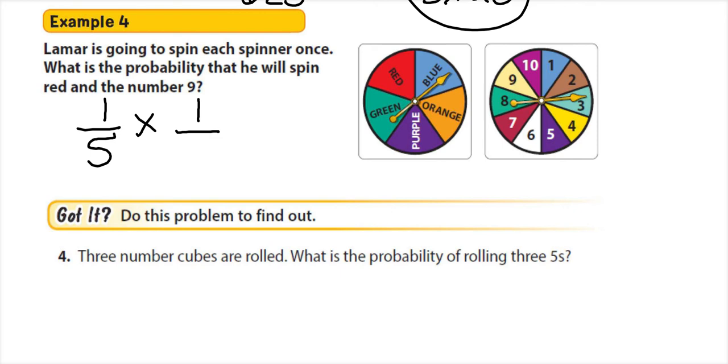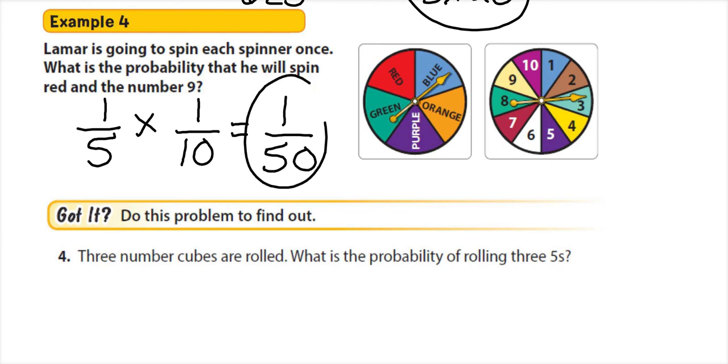So we're going to have a 1 in 10 chance every time. All right. So then when we multiply, remember we multiply across the top. So 1 times 1 is 1. And then 5 times 10 would make it 50. So he only has a 1 in 50 shot, okay, of actually getting it. Okay, so 1/50th of the time. So one spin out of 50 times, he'll probably get it.